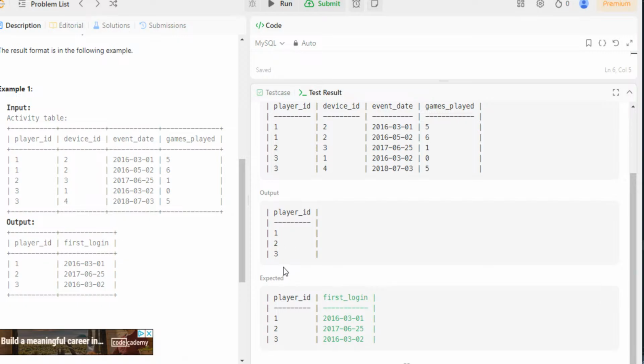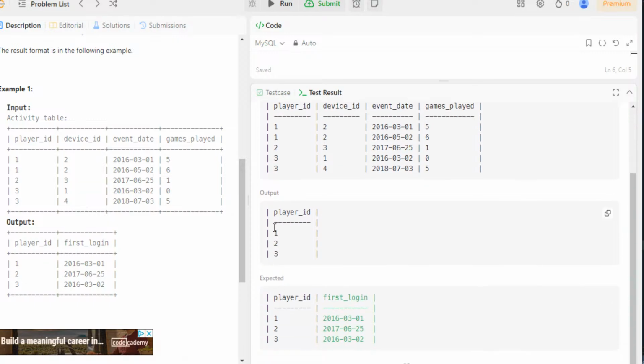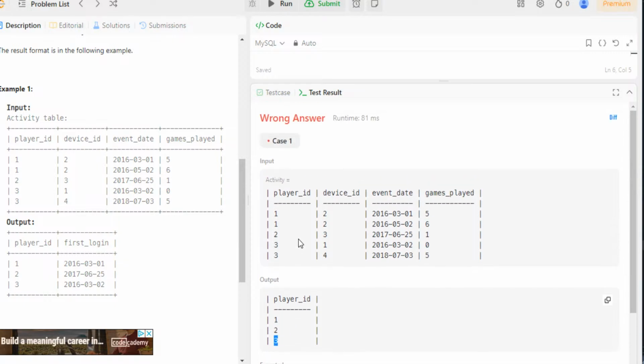I told SQL, go ahead and put all of these similar items together. So it goes, okay, cool, there's 1, there's 2, there's 3. There's also another way to do this: I could do distinct, and I would get only the unique records. That's a technique to get this same output, but that technique would not then work.